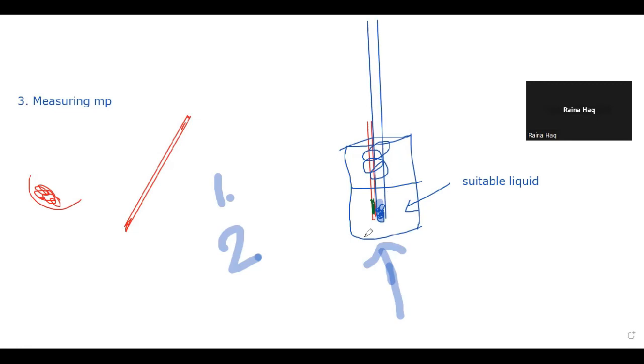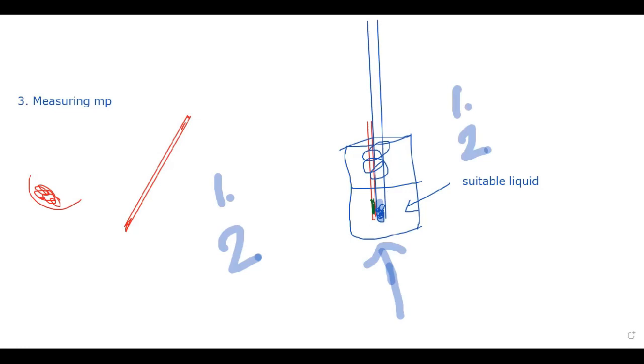What happens next? We heat slowly and you need to do two things here. Two things need to be observed together. Tell me what they are. One is the solid you see here, when it melts, its color changes. It is clearly understood that it is changing.